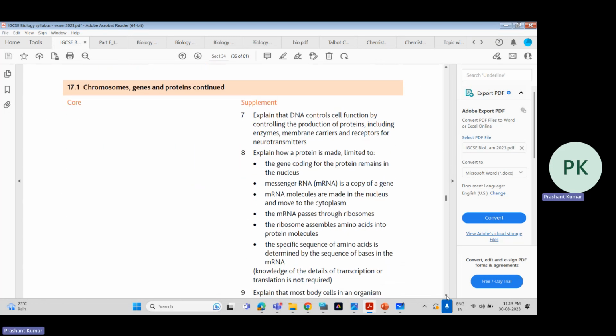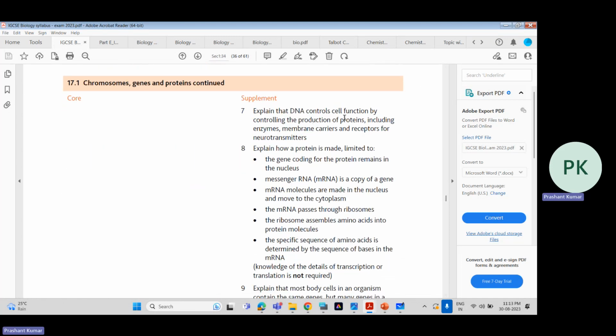Then we'll see how DNA controls cell function. That means cells make all the proteins inside the body, including your enzymes, your membrane carrier proteins, your receptors, and other neurotransmitters. Then we'll see how protein is formed. Limited to these points: the genes coded for protein remain in the nucleus.